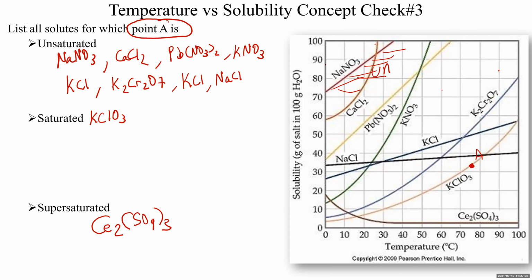Anything above the graph represents supersaturated, and everything on the graph represents saturated. That's how it works. Anything above the graph represents a concentration that is above the saturation point. Anything below the graph represents a number of grams that is below saturation. And you can do that for each one of these graphs at any given temperature.